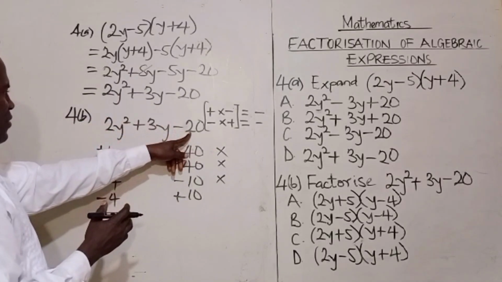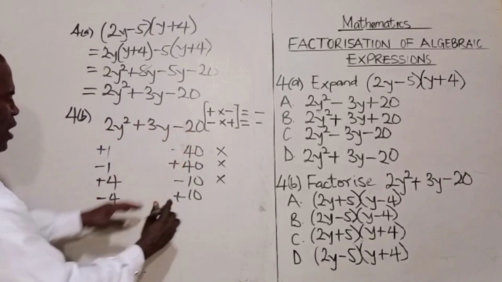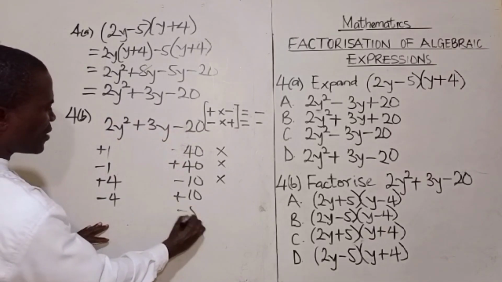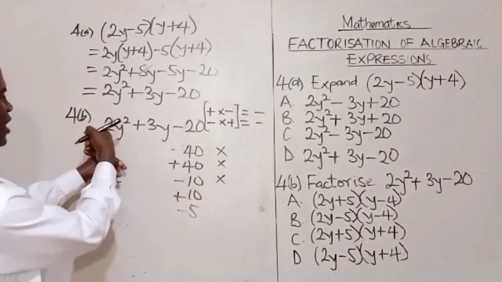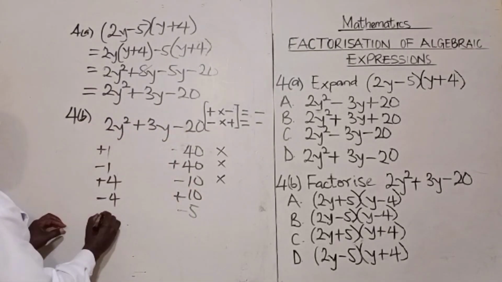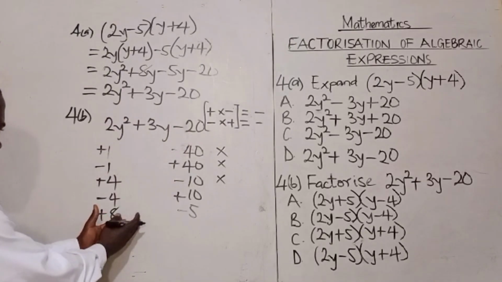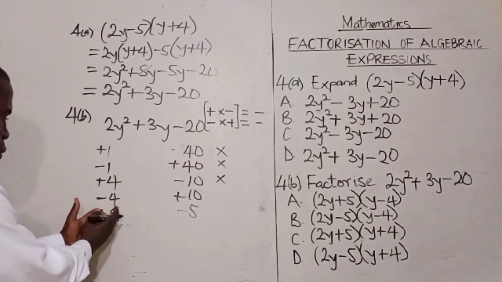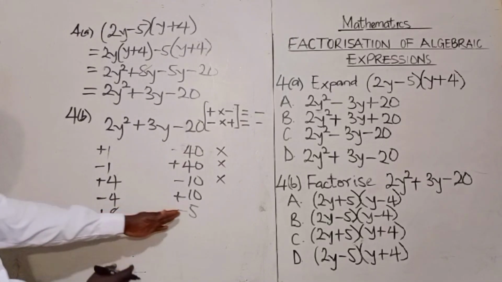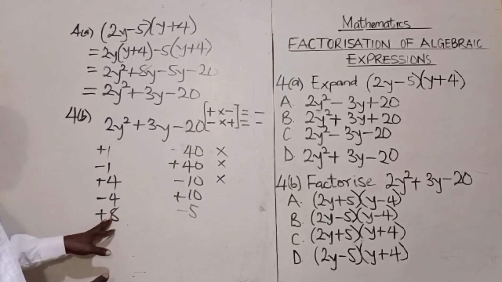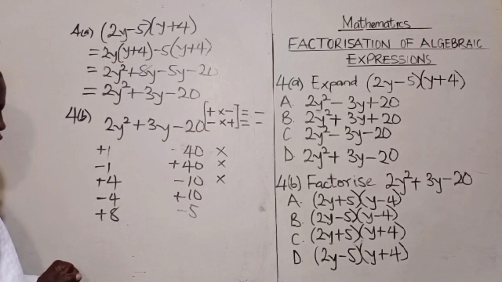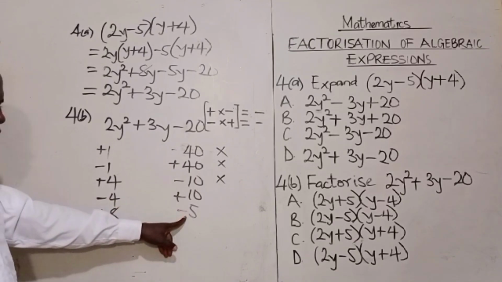So let's divide this one by 4. If we divide this one by 4, we have minus 5. Multiply this one by 4, we have plus 8. This one that we arrive at here, if you watch, plus 8 minus 5. That means I have plus 8 with me. Then I'm owing 5.